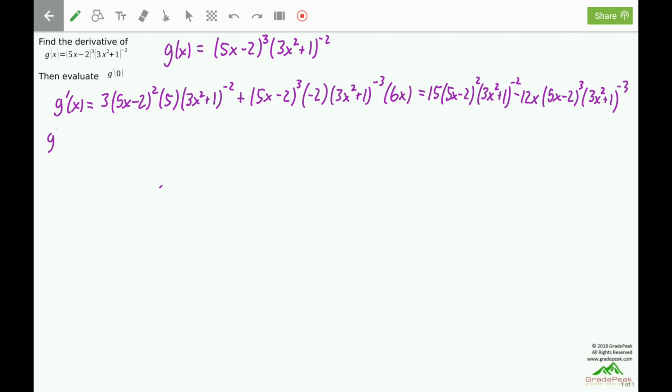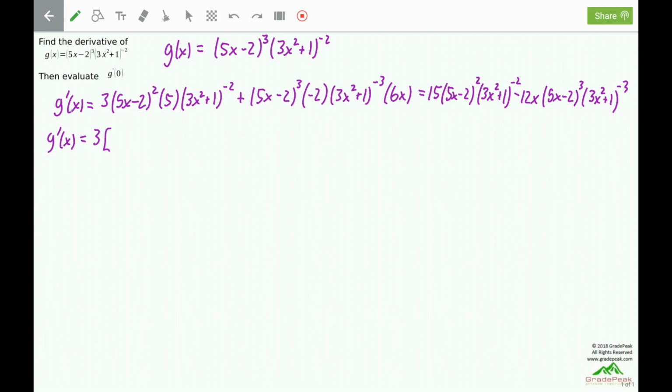Now we're going to factor this result. We can start with the numbers. We have a 15 in the front of this one, and we have a 12 in front of that one. That has a common factor of a 3.